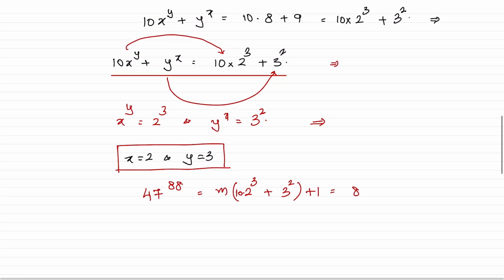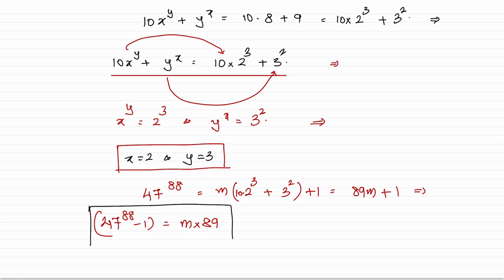That is equal to 89m plus 1. That is equal to 47 to the power of 88 minus 1 is equal to m into 89. In one way we have gone in reverse to prove the Fermat's theorem. That implies x is equal to 2 and y is equal to 3. This is the answer.